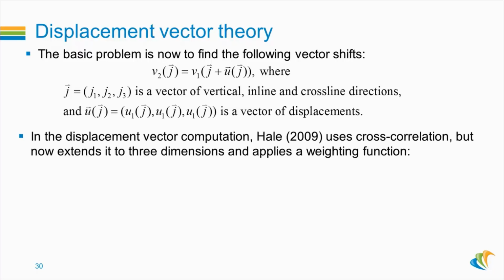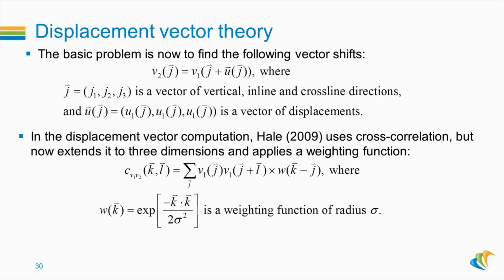So in the displacement vector computation, Hale used cross-correlation, but he now extends it to 3 dimensions and applies a weighting function. He applies an exponential weighting function, exponent of k dot k over 2 sigma squared, where sigma is simply a radius around.